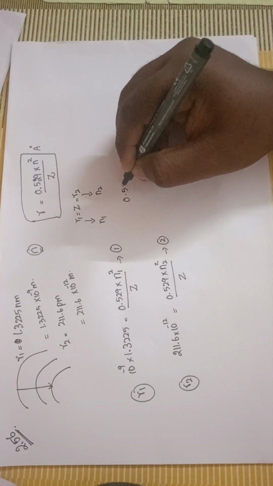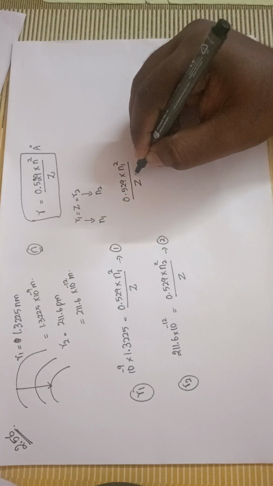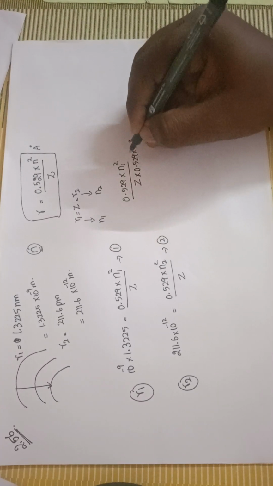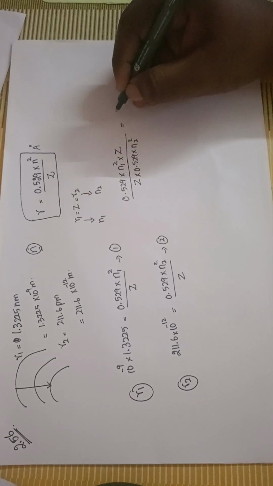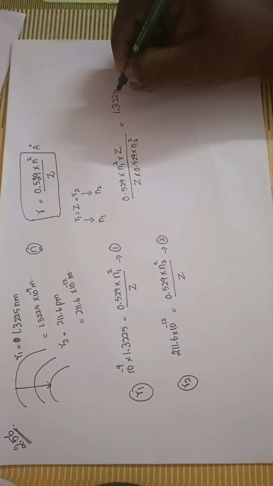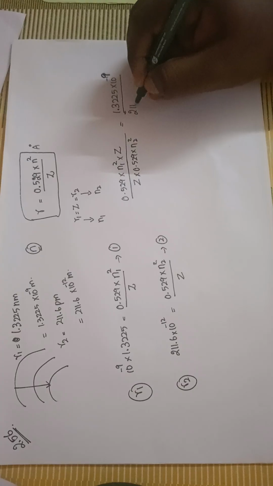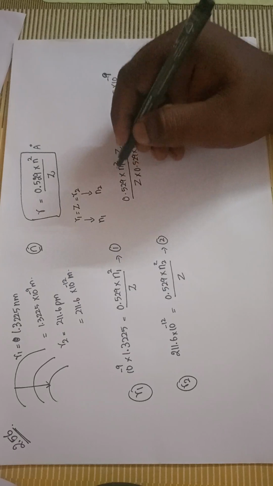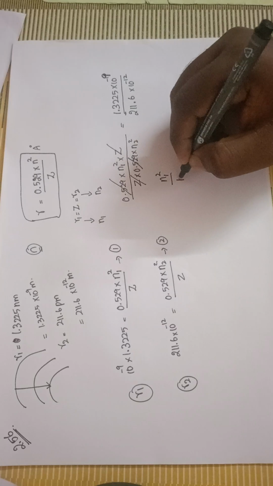0.529 into n1 square divided by Z, divided by 0.529 into n2 square divided by Z, where Z becomes the numerator, equal to 1.3225 into 10 power minus 9 divided by 211.6 into 10 power minus 12. So 0.529 cancels, Z cancels. Here you will get n1 square by n2 square.